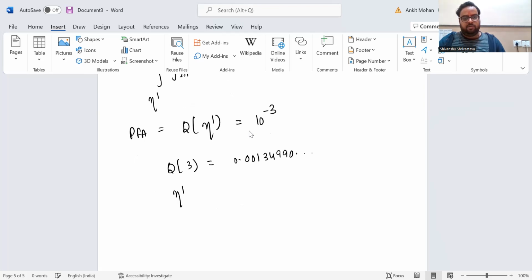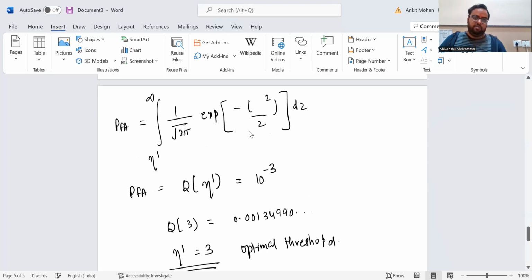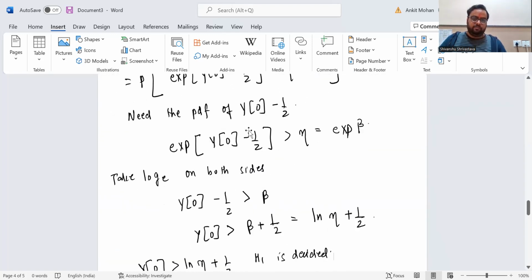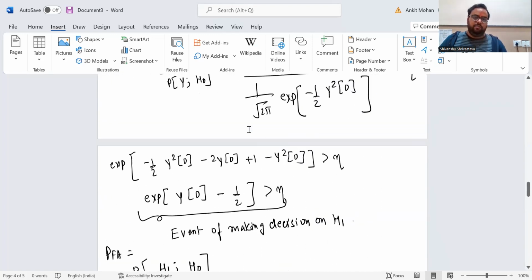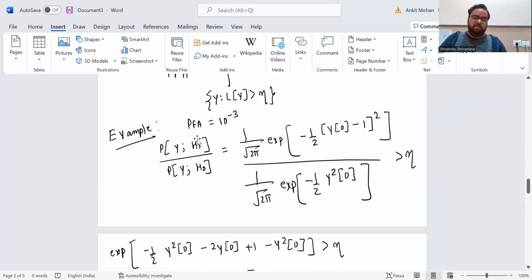So let us conclude that eta dash is equal to 3. That is our optimal threshold. Once I have this optimal threshold, I can obtain the probability of detection from here.